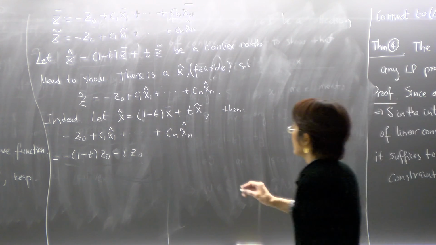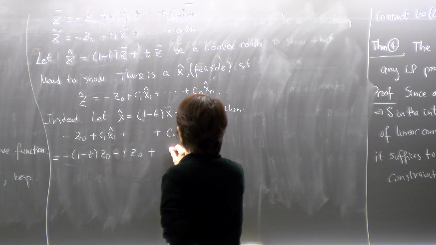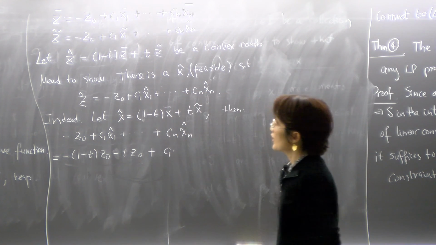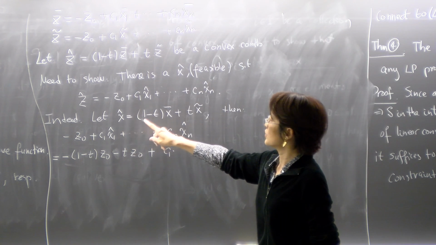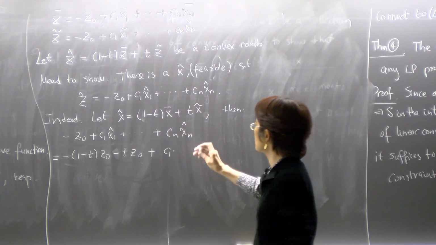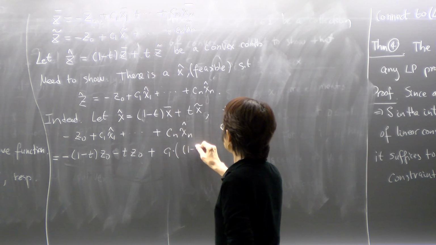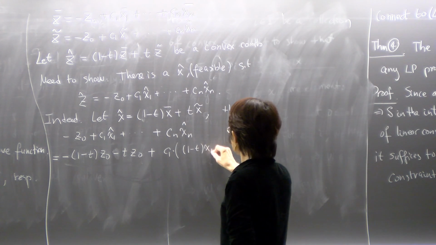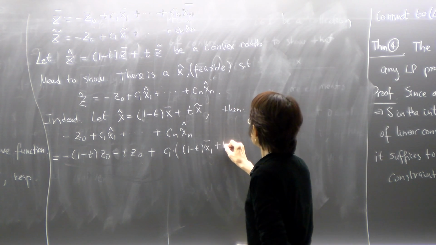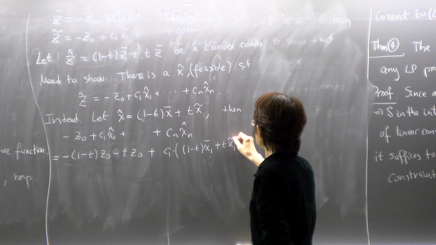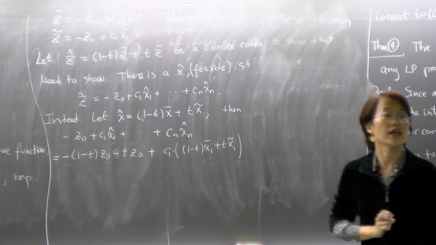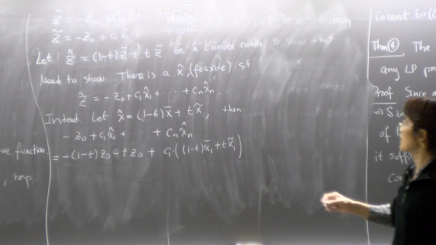And then c1 times, okay, what is x1 hat? Well, it's a combination of these two. So I will have (1 minus t) x1 bar plus t x1 tilde. That will be the x1 hat, right? That's the combination I make.